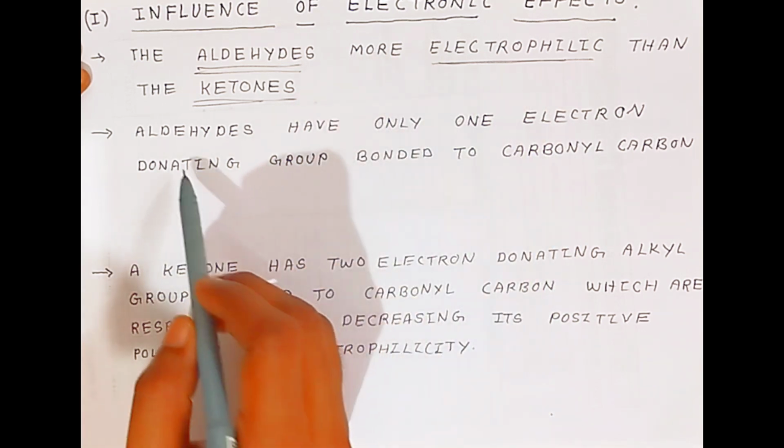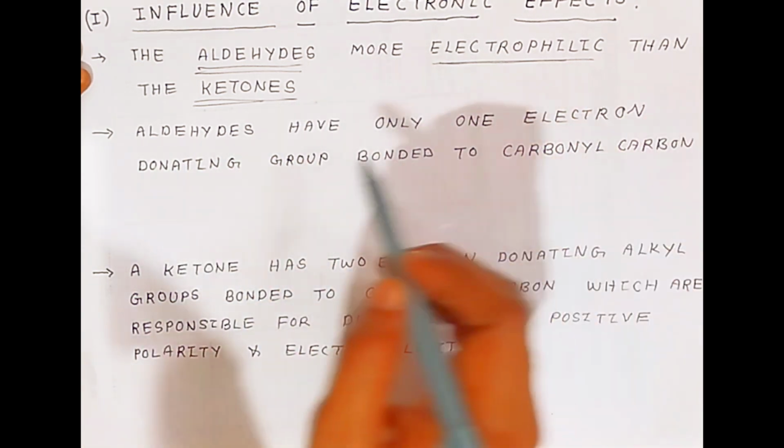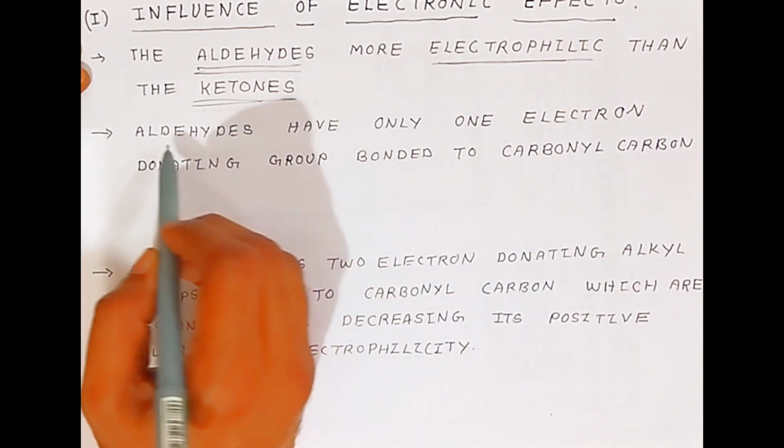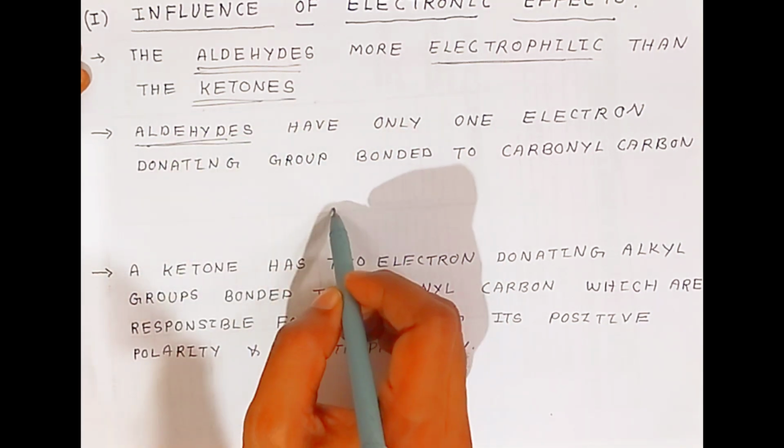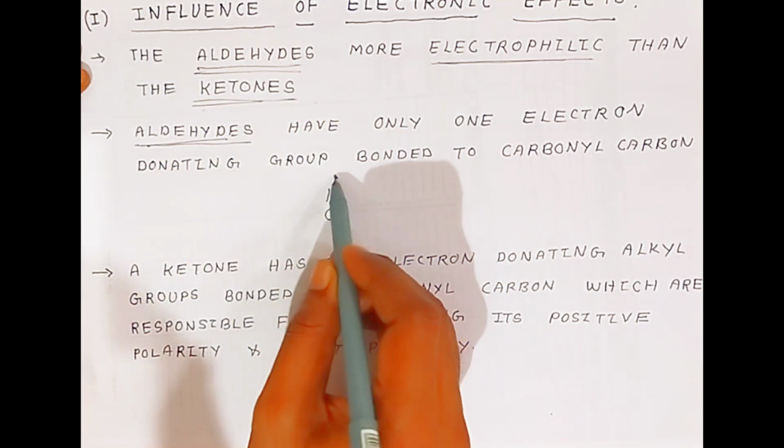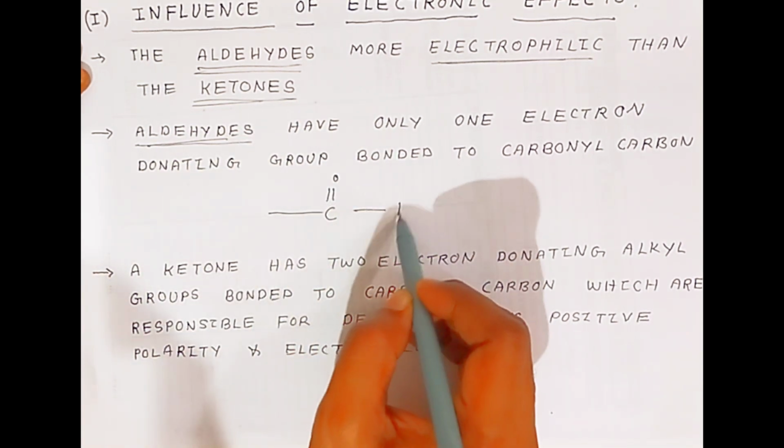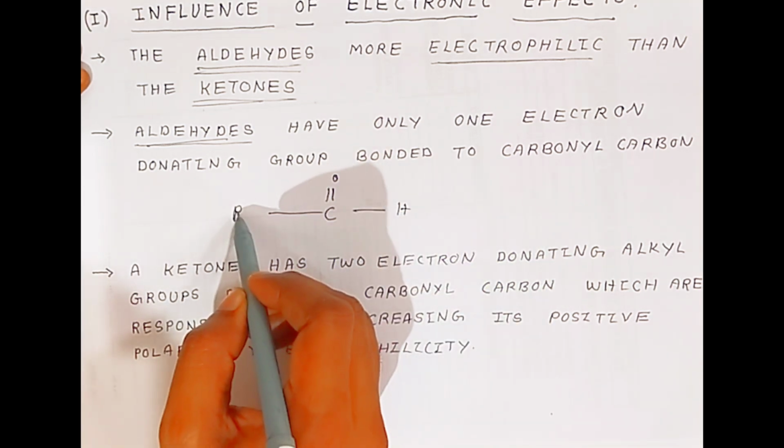Okay students, the aldehydes have only one electron donating group. Please pay attention here. In an aldehyde, the carbonyl has two valencies, one by hydrogen and the other by an alkyl group.